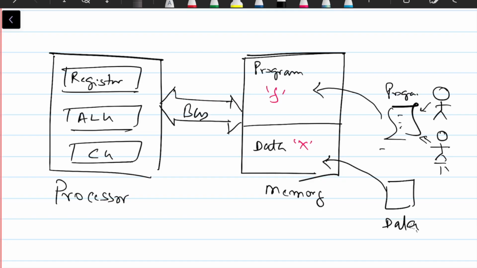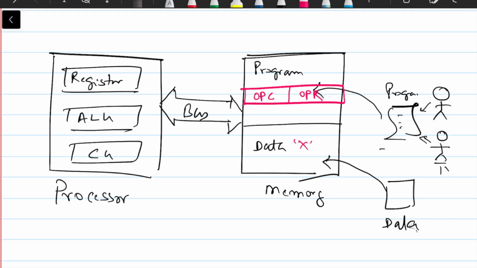The process is as follows, that this program would be a sequence of something called an instruction, and an instruction is an assembly of two components, namely opcode and operands. An opcode is a codified operation that says what to do.